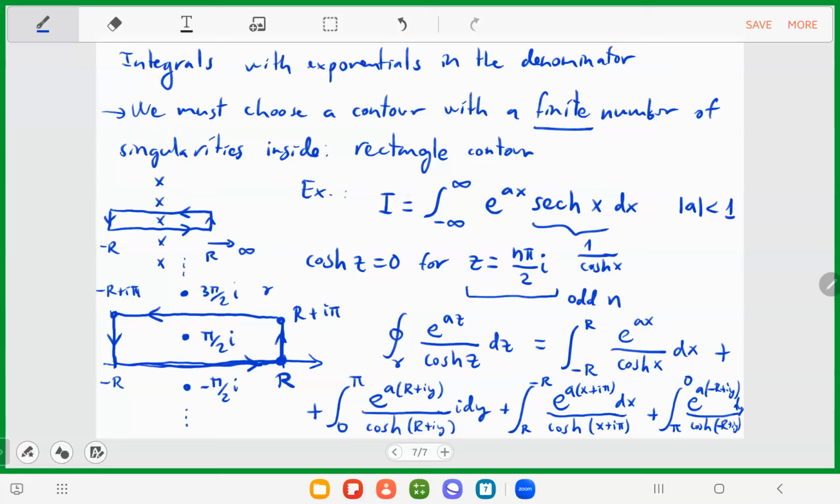Okay, you see what I'm doing here, right? I'm changing the variable from z to x, from z to r plus iy, from z to x plus iπ, and from z to minus r plus iy, because those are the values of the complex variable along these four pieces.